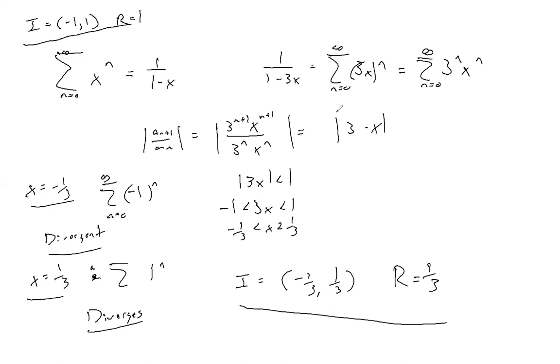So we found a power series for this function, 1 over 1 minus 3x, by modifying our original one. But this power series representation is only valid on this interval of convergence. If we go outside this interval, it's no longer true that the function 1 over 1 minus 3x equals this power series. So be careful with these modifications.